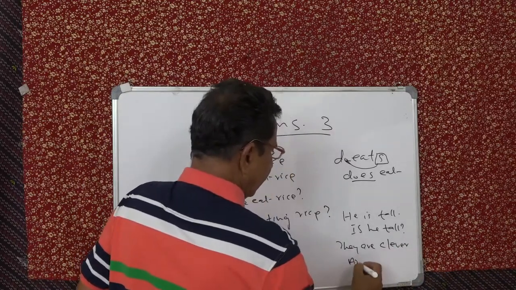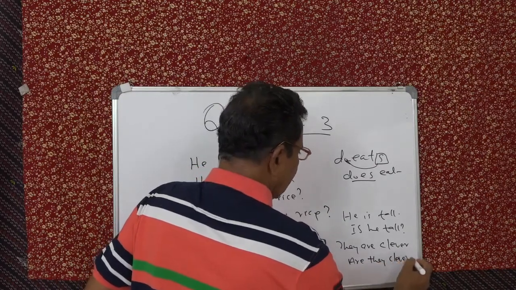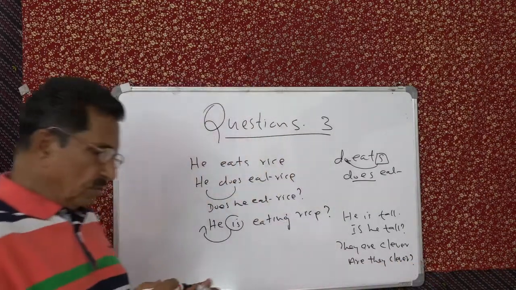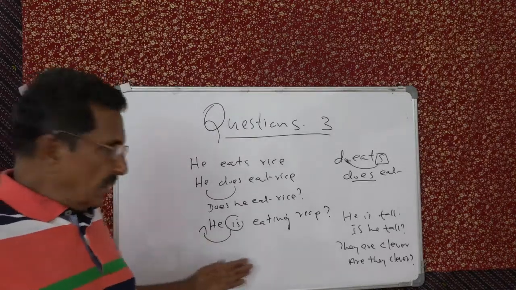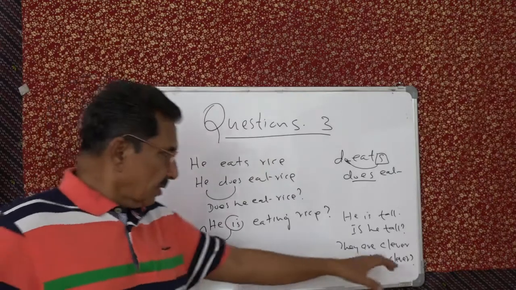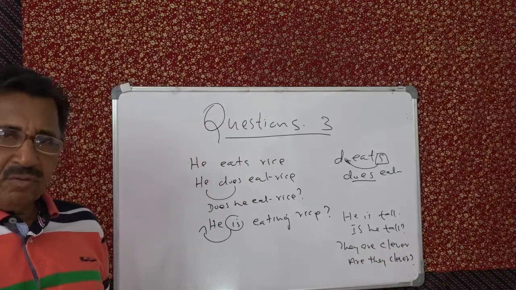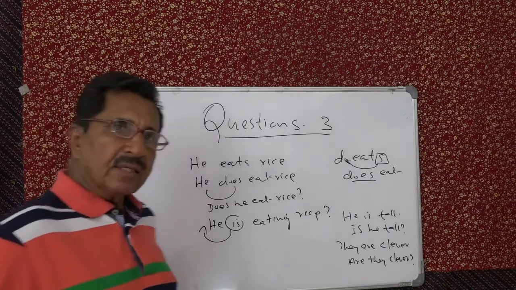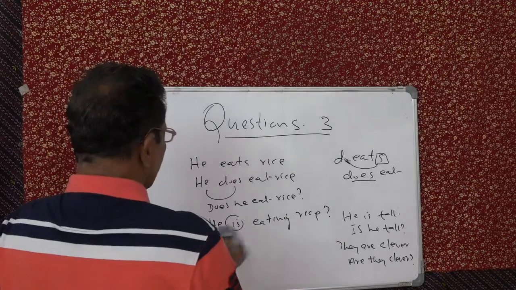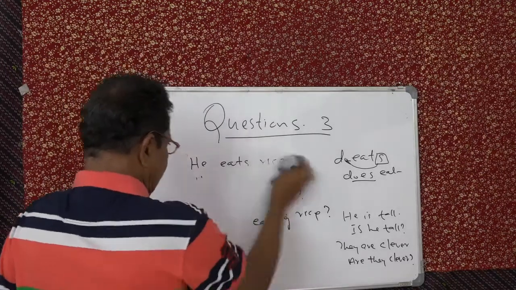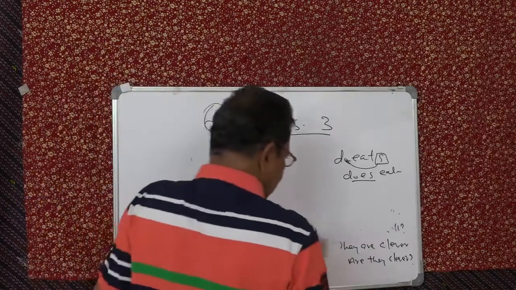Are they clever? So any form of to be, you can just take that form of be and write it before the subject of the sentence, then it becomes a question. Otherwise, all the other verbs with a single word, then we have to insert do.